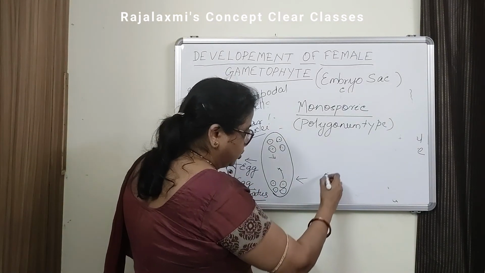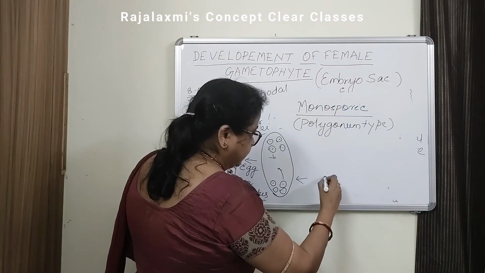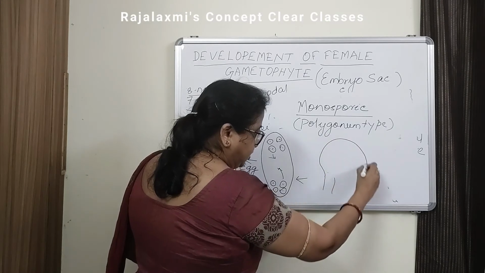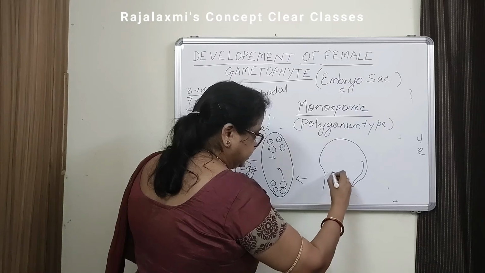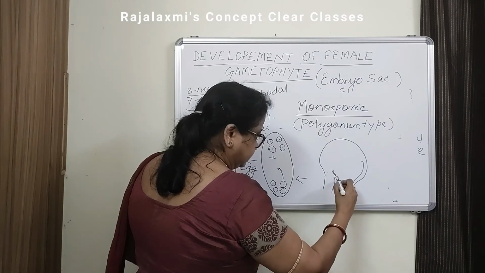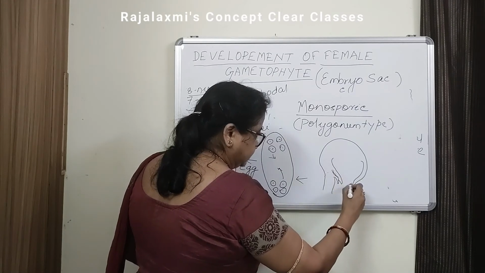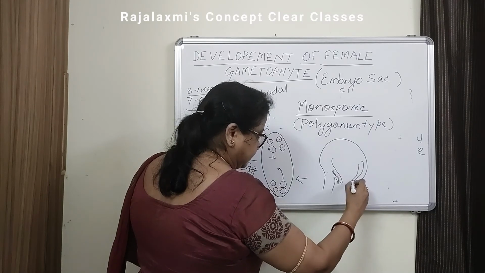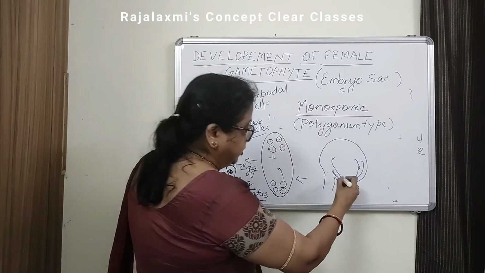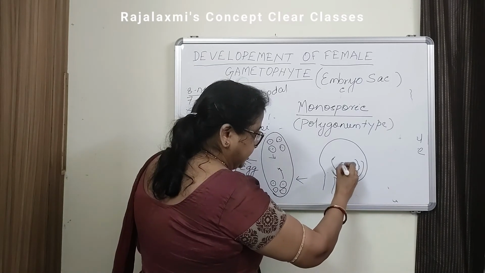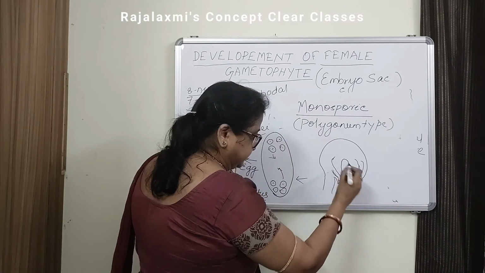So a mature ovule, if we draw a mature ovule, the embryo sac is present at the center.